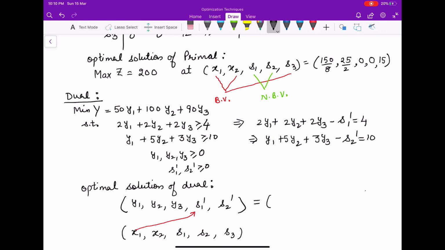These values mean y1, y2, y3, s1 dash and s2 dash. So s1 dash is 0. Because x2 is appearing in the basis, the corresponding slack variable is 0.